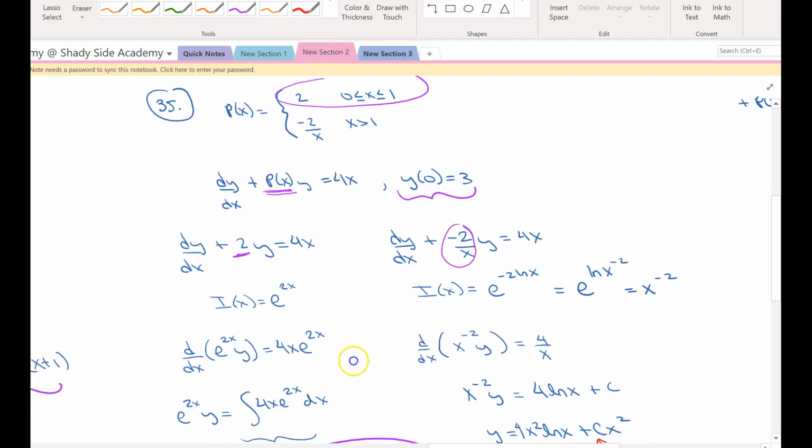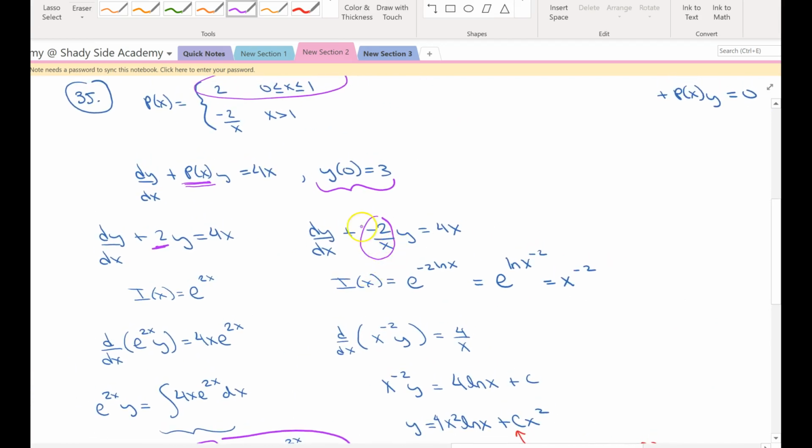Okay, then here's the other piece of p of x. So here is p of x. Here is e raised to the indefinite integral of negative 2 over x, right? And all I did here was algebraically clean this up. Properties of logs, negative 2 ln x means ln x to the negative second, which at the end of the day simplifies to x to the negative second.